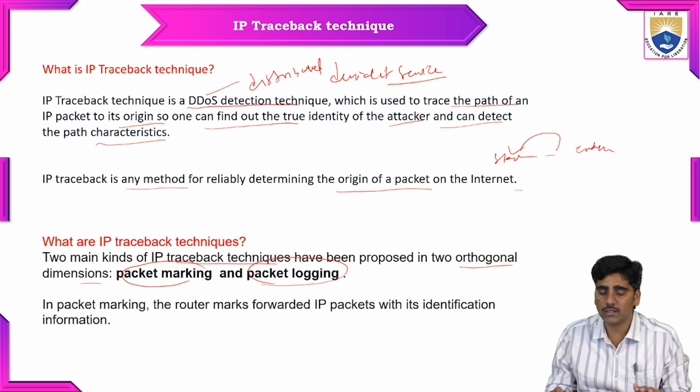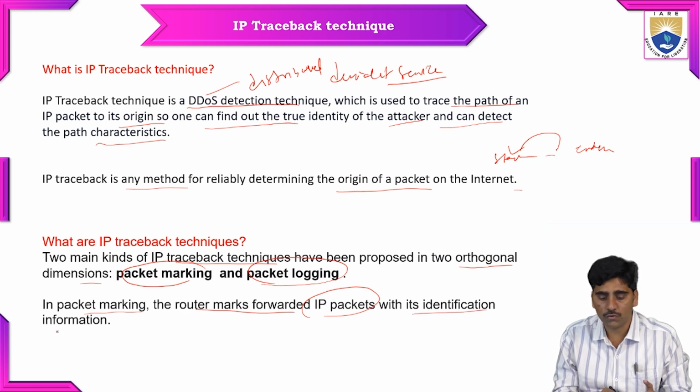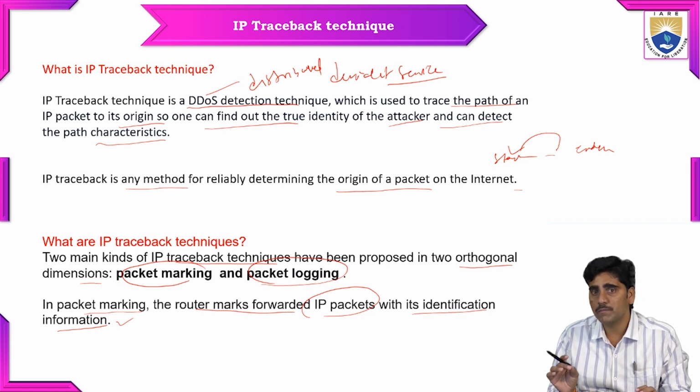That part is called packet marking. So here in packet marking, the router marks forwarded IP packets with its identification information.